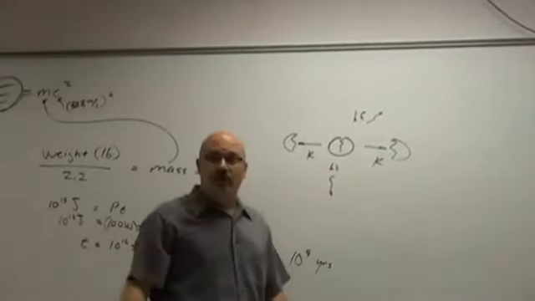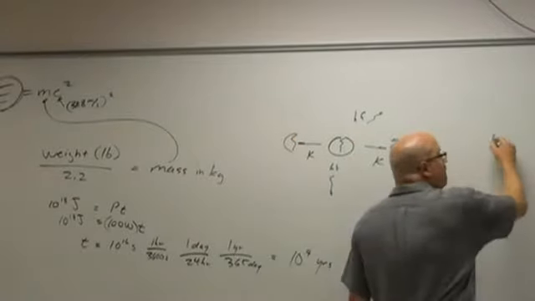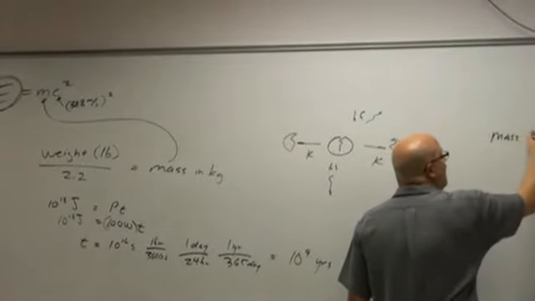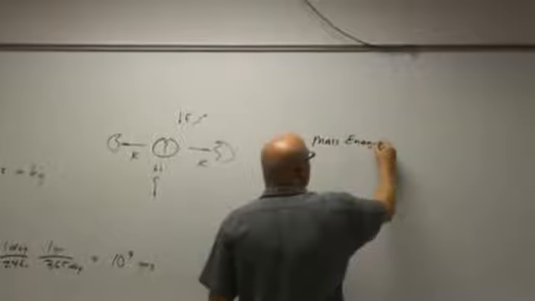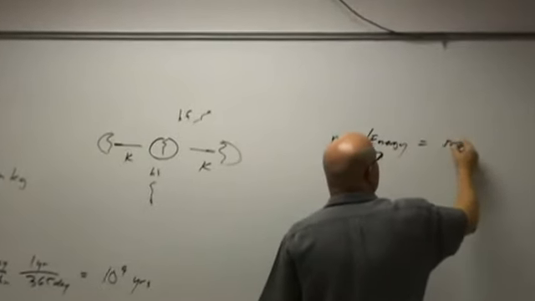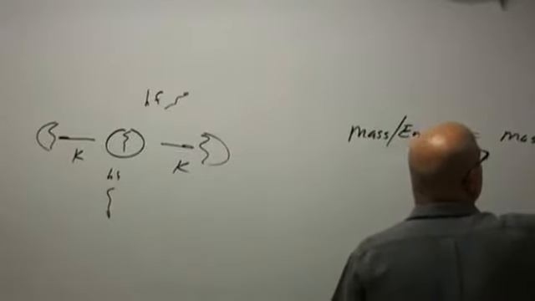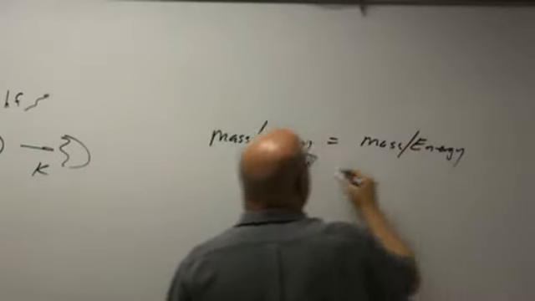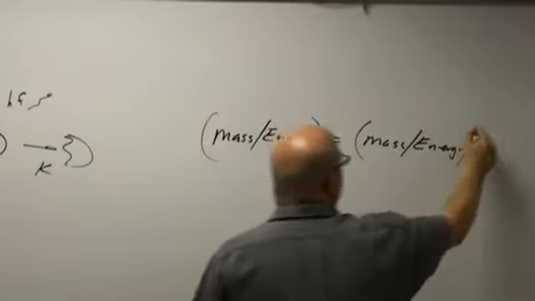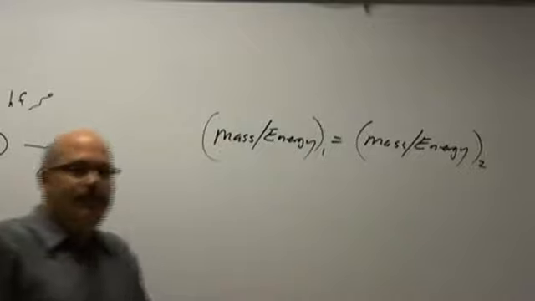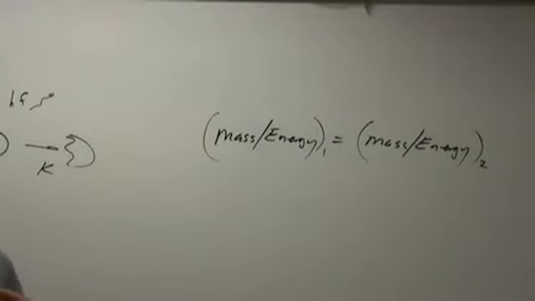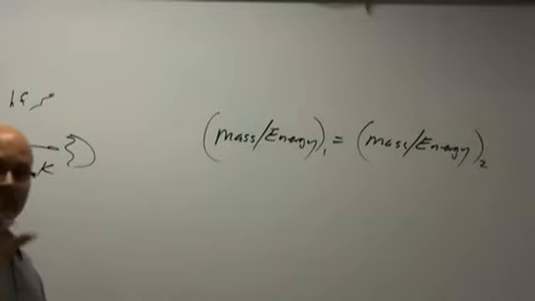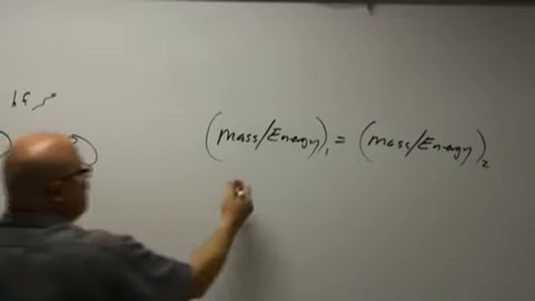Okay, here's the deal. The mass energy we start with has to equal the mass energy we end with. Normally we do this in terms of energy, in joules instead of kilograms. So how much energy did we begin with?